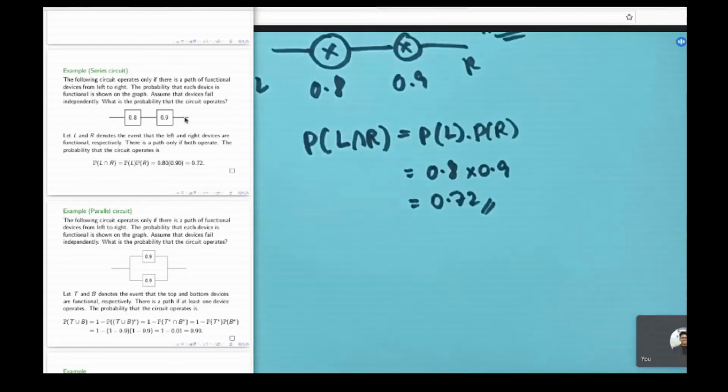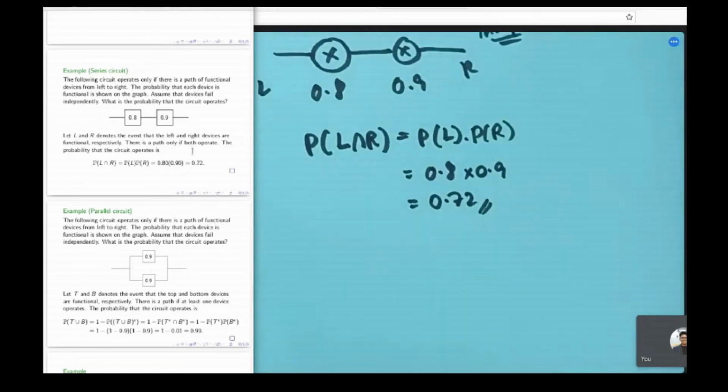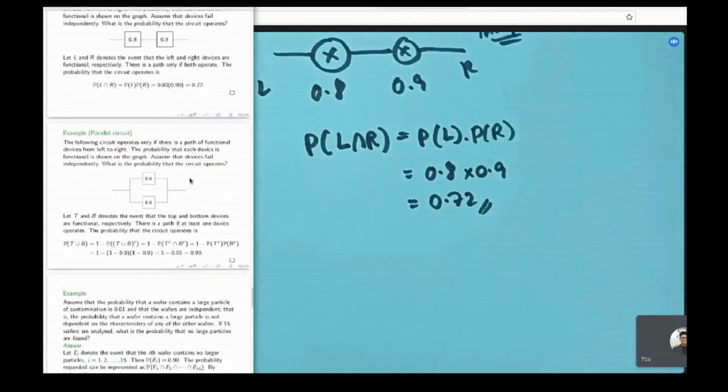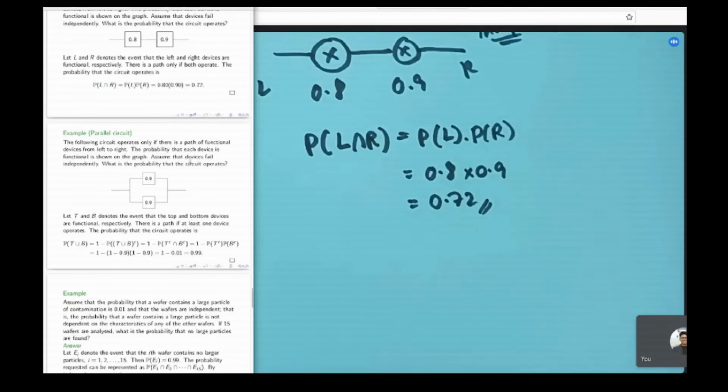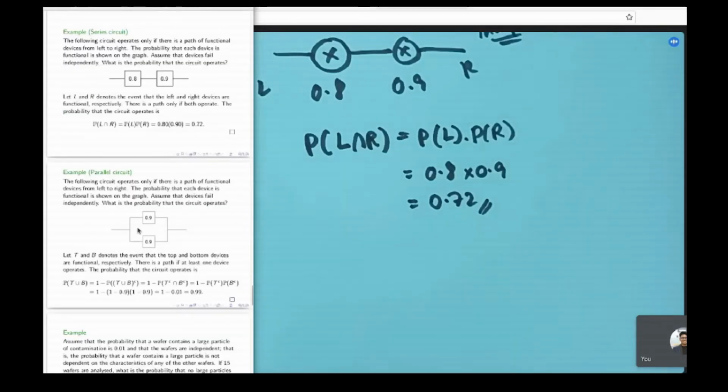Right. The same type of question is given in the second part with respect to parallel circuits. Now, in the case of parallel circuits, they are actually not independent, because you can see that if one fails, there is a high chance that the other will work.